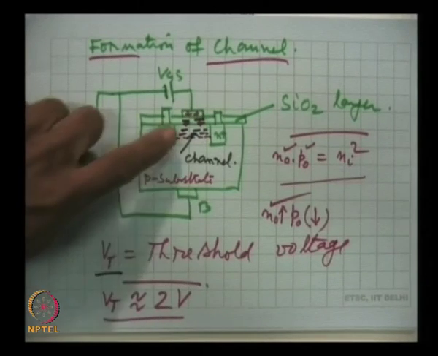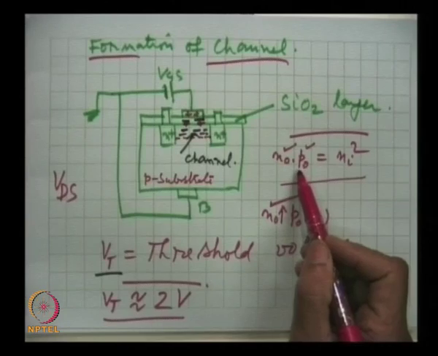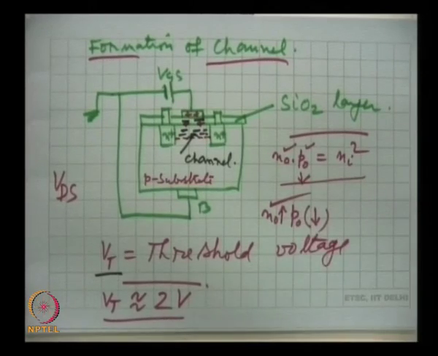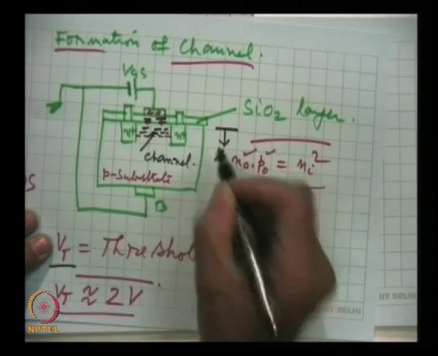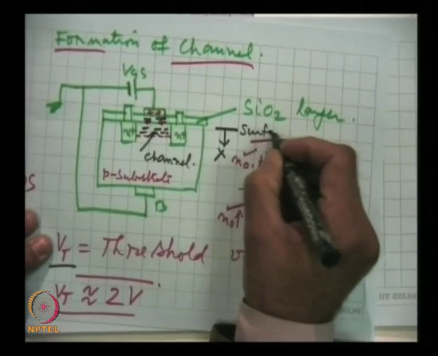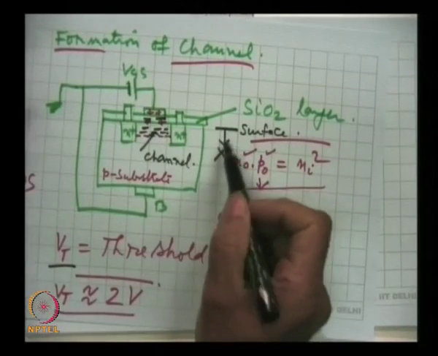Let me elaborate this point, how initially a depletion region is created, because this fall in hole density is like creating a depletion. Therefore, if I plot this is the surface, and in this direction we take x. So, how the density in this region will vary as a function of x, that we plot here.